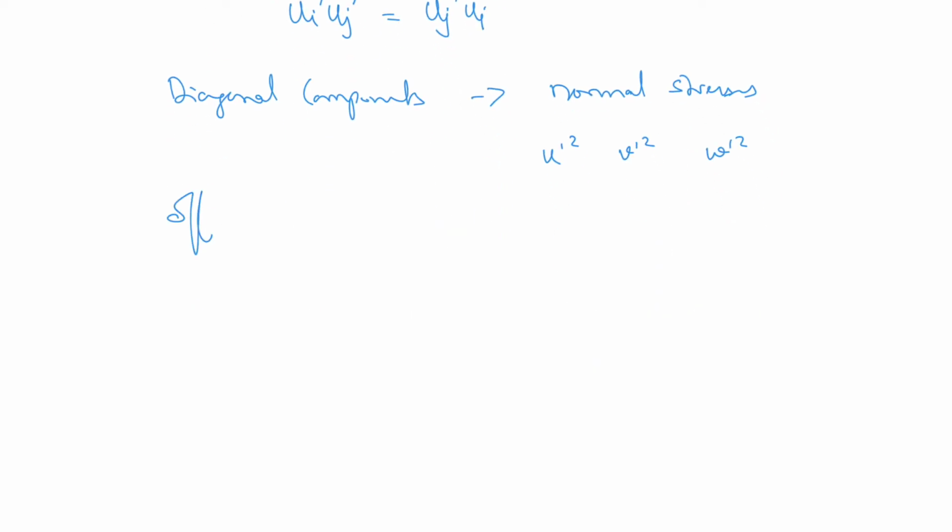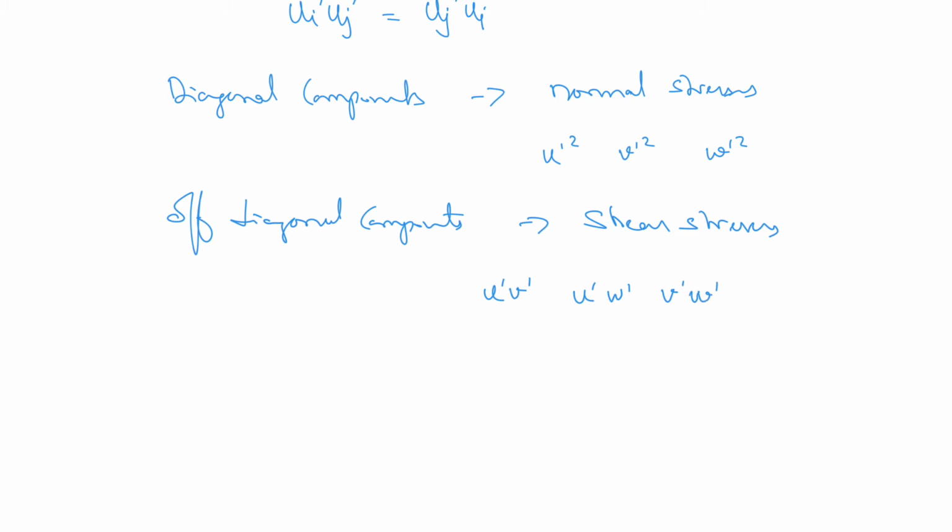And the off diagonal components represent shear stresses. So you have u dash v dash, u dash w dash, v dash w dash. These are all off diagonal components which represent the shear stresses.